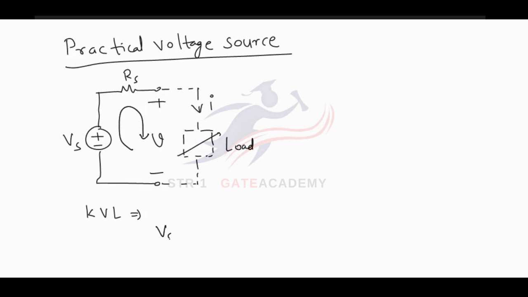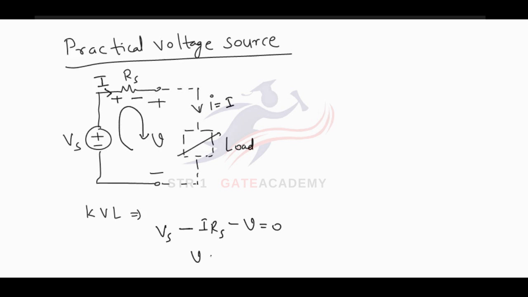There is a current I which is flowing in this, and this I is equal to capital I. Voltage and current always enter into a resistance from the positive terminal. So if I apply KVL in this loop, I'll get Vs minus I times Rs minus V is equal to 0.